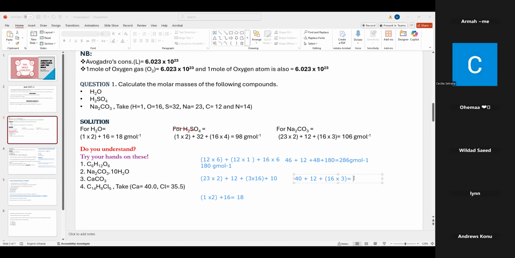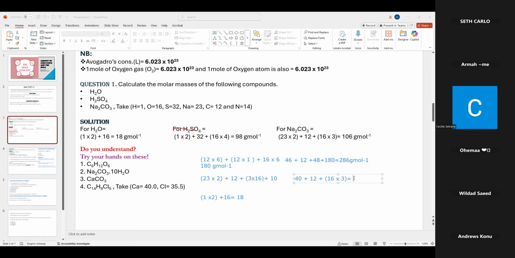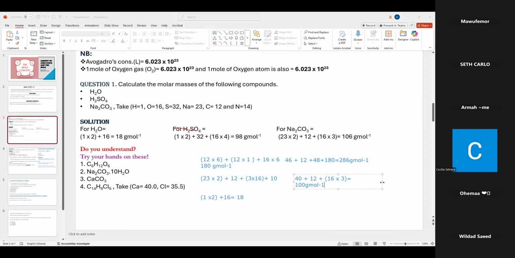A minute, sir. 52. 16 times 3 is 48. 52 plus 48. So it will be 100 grams per mole. 100 grams per mole. That is right.